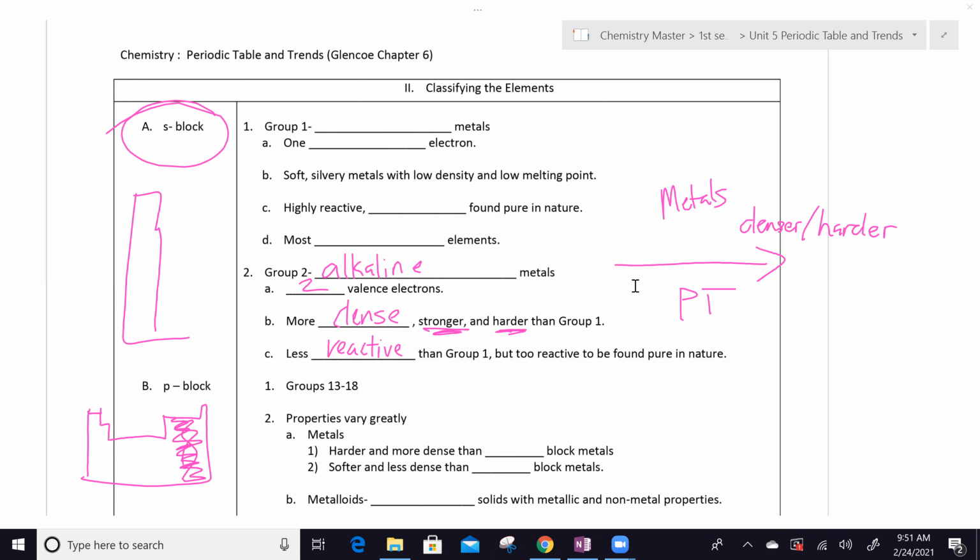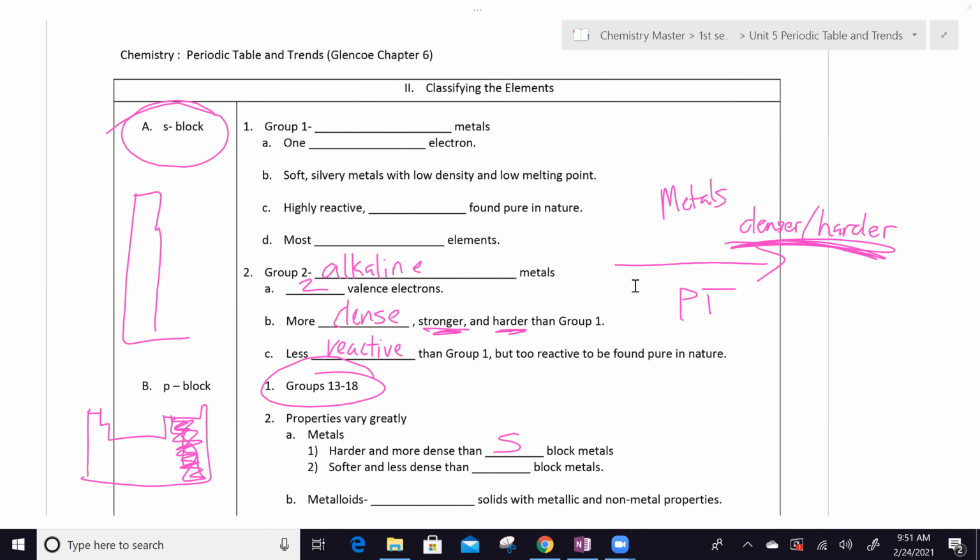P block is groups 13 through 18. The properties are kind of all over the place because if you really think about it, our staircase runs right through P block, okay? So you really got a mixture of metals and non-metals and metalloids. You got solids, you got liquids, you got gases, you got everything over there, okay? The metals that are there are, remember I said they get harder and denser as you go that way.